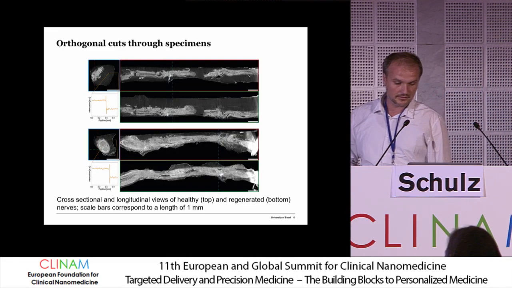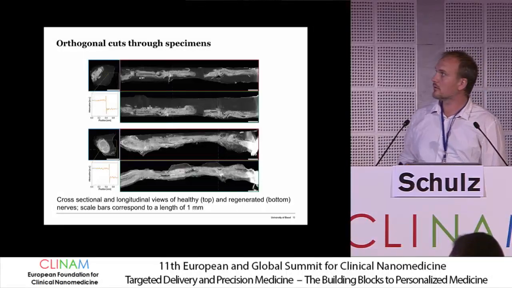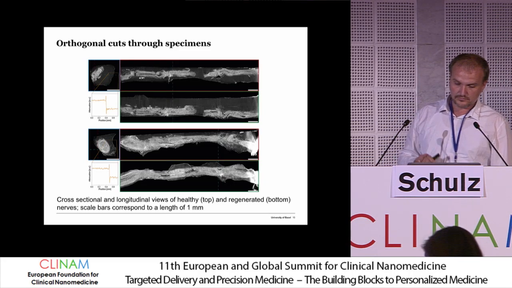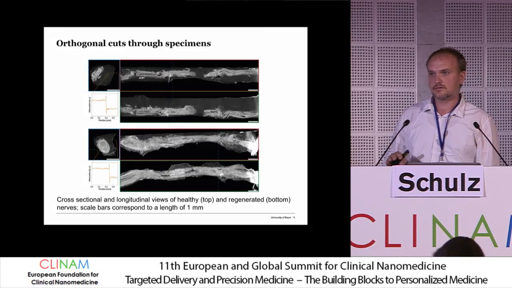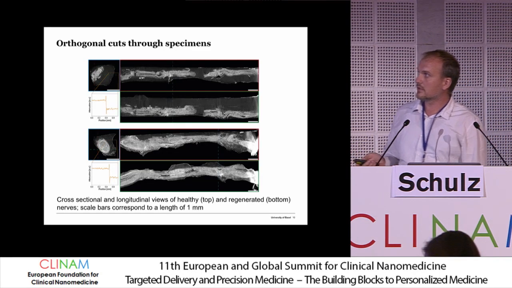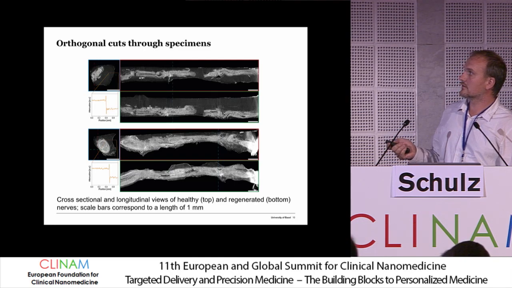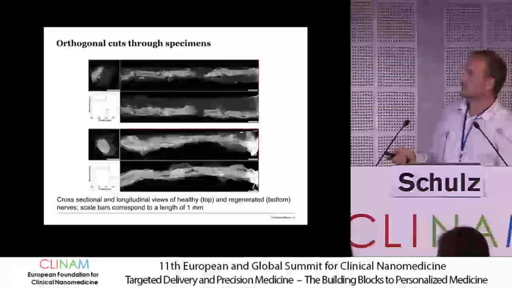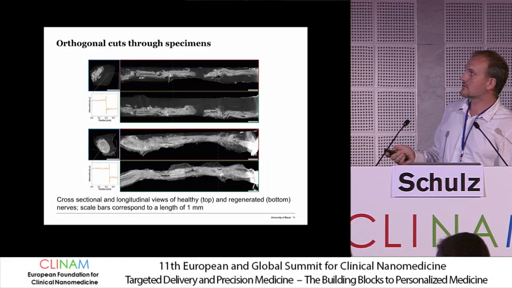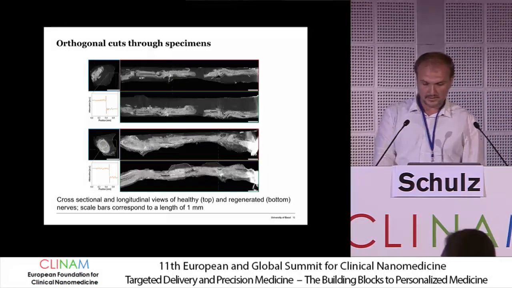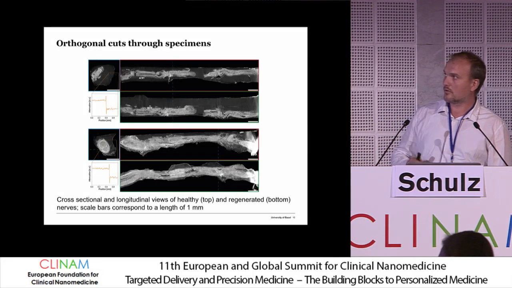One of the main advantages of computer tomography is that you can cut through the specimen in any direction you like. It's not like histology where you just cut once and that's it. You can virtually cut in all possible directions. Here you can see again the healthy nerve and the diseased nerve on the bottom, cross sections, and then orthogonal cuts through it.